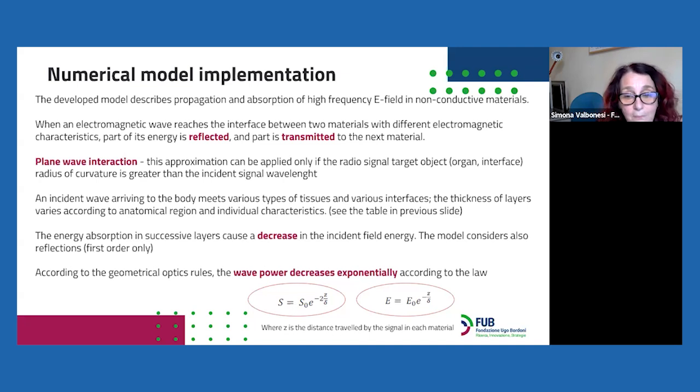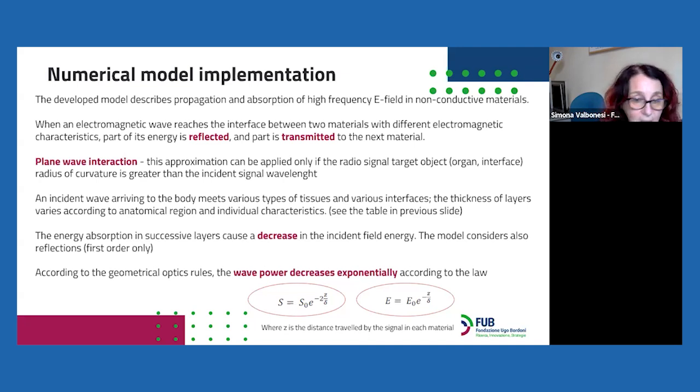The model is based on propagation and absorption of electrical field in non-conductive materials. When the electromagnetic wave reaches the interface between 2 layers, as a consequence between 2 different materials, its energy is partly reflected to the superior layer and partly transmitted to the following ones.